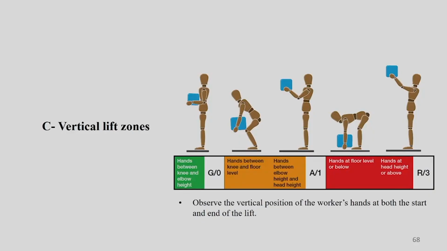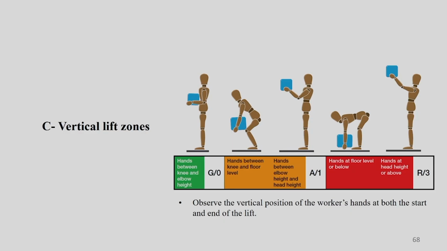Now let's move ahead with another factor, that is the vertical lift. We are talking about lifting. Lifting means you are holding it and you are lifting it, right? So you have to talk about what kind of lifting is happening. What you need to do is observe the vertical position of the worker's hand at both the start and end of the lift.